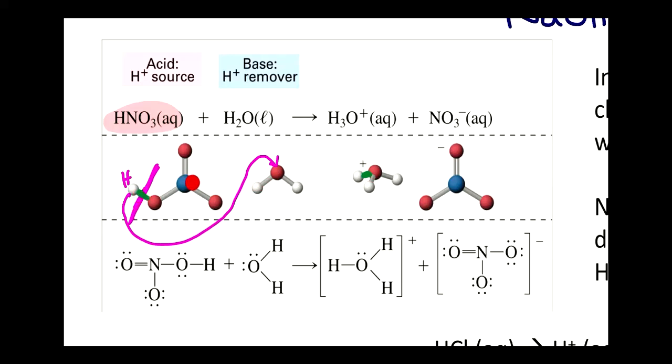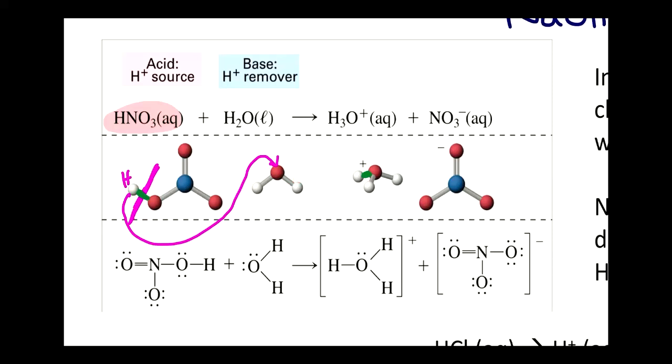So nitric acid is donating the proton, but what is water doing? Water is taking that H plus, so it is accepting that proton. That means water is acting as the Bronsted-Lowry base. We know that nitric acid is an acid, but in this specific reaction, water is acting as a base because it's accepting that H plus.